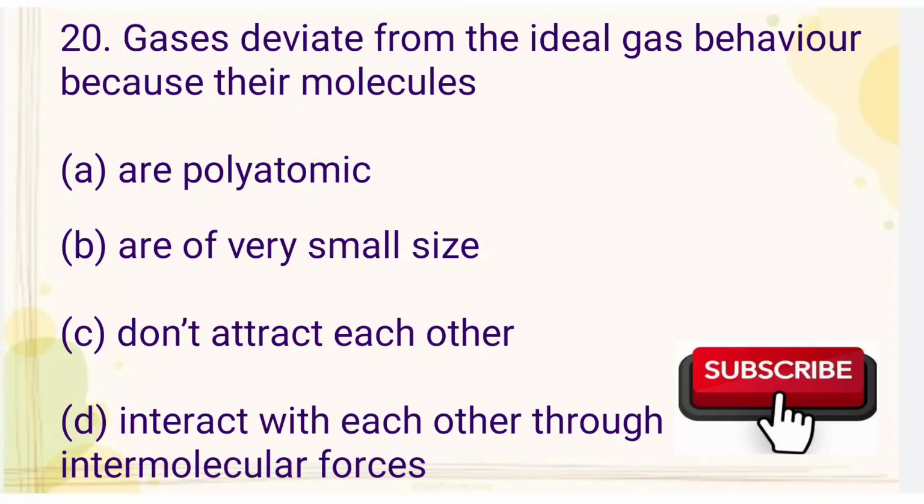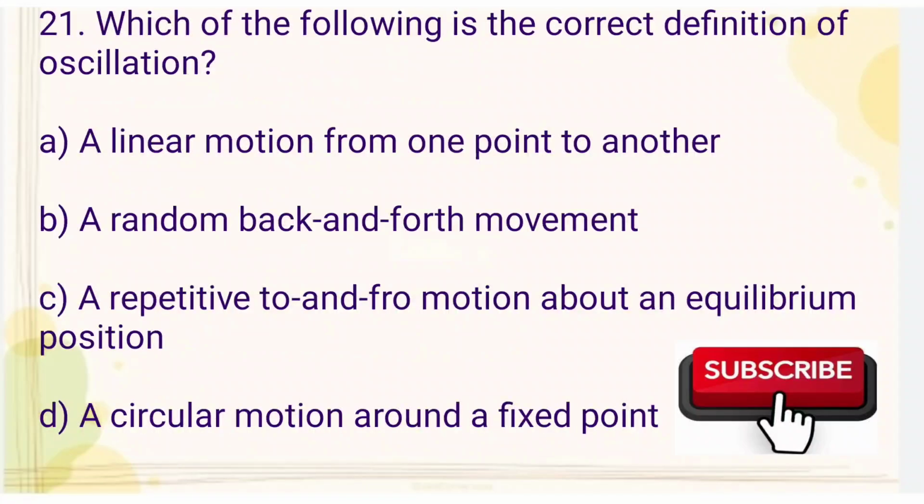Gases deviate from an ideal gas behavior because their molecules interact with each other through intermolecular forces is the correct option. Which of the following is the correct definition of oscillation? Option C, a repetitive to and fro motion about an equilibrium position is the correct option.